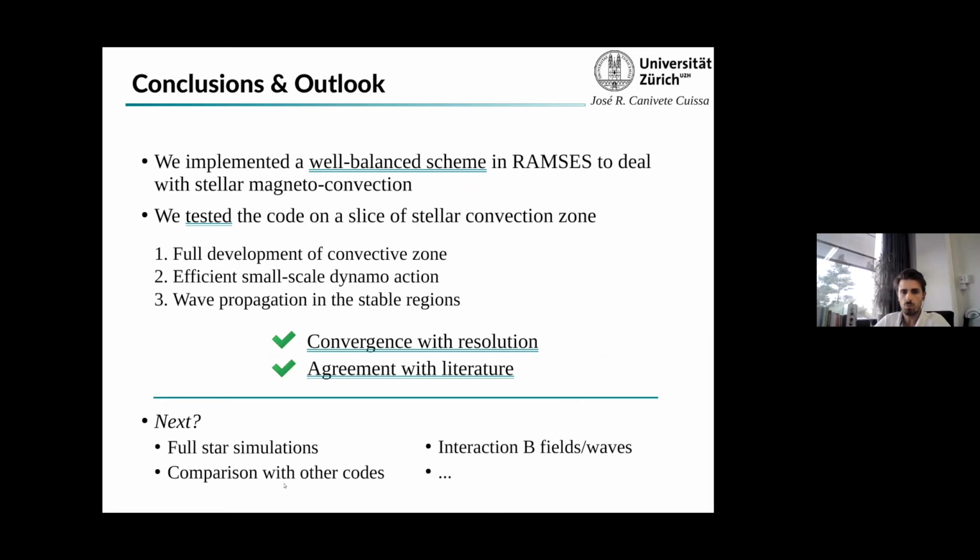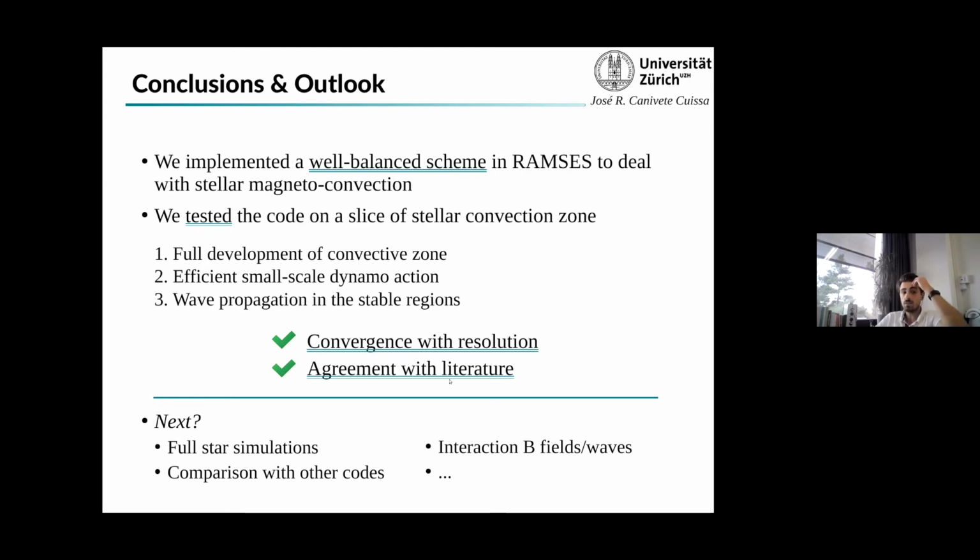Not very important which one, but the important thing is that we reach a fully developed convection zone after some time, that we have a quite efficient small-scale dynamo action, and that we can also follow the wave propagation in the top regions. In conclusion, essentially, we have convergence with the resolution, which means that the code is working well, and also that the results are qualitatively in agreement with the literature.